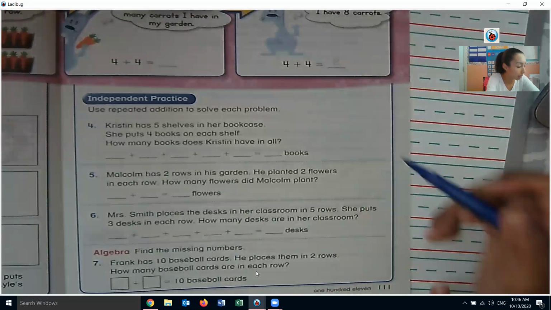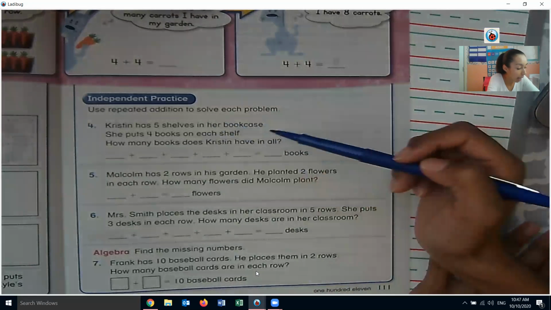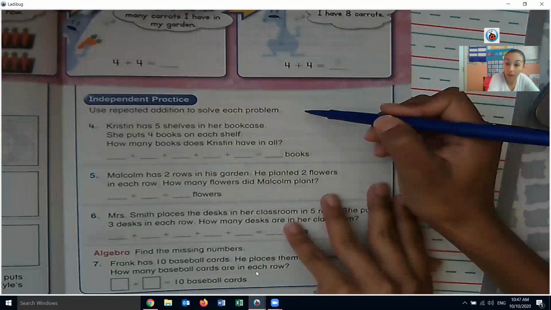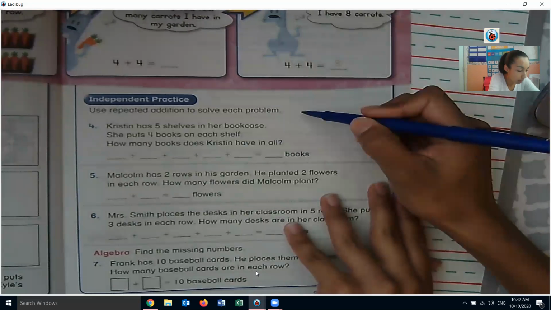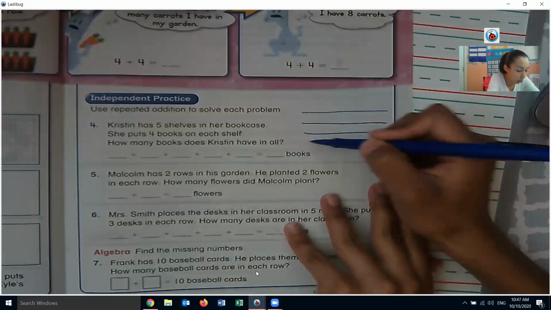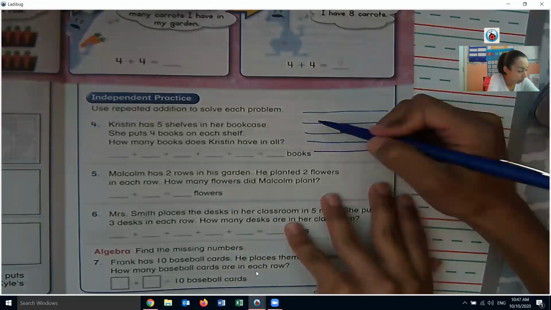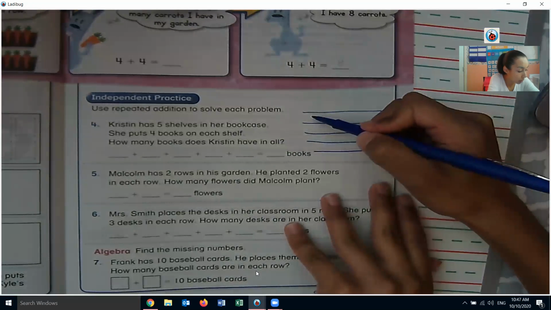So number 4 says, Kristen has 5 shelves on her bookcase. I'm going to draw 5 lines, one for each shelf. 1, 2, 3, 4, 5. So there's 5 shelves, and we're going to put 4 books on each shelf.